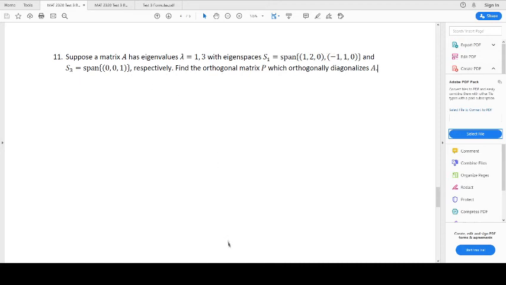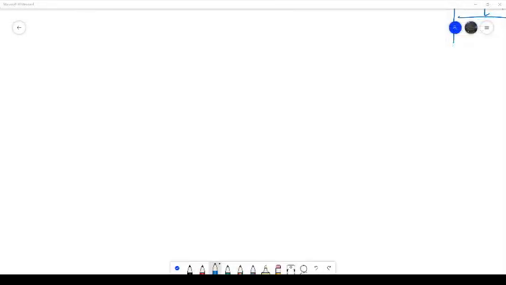We can put all 3 of these vectors in a matrix. So we have 1, 2, 0, negative 1, 1, 0, and 0, 0, 1.